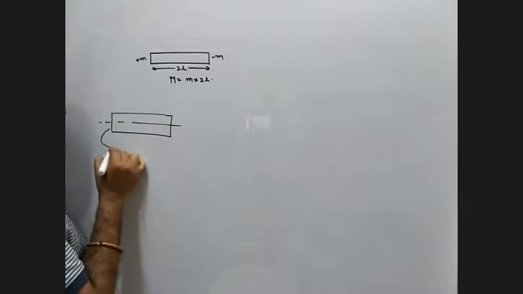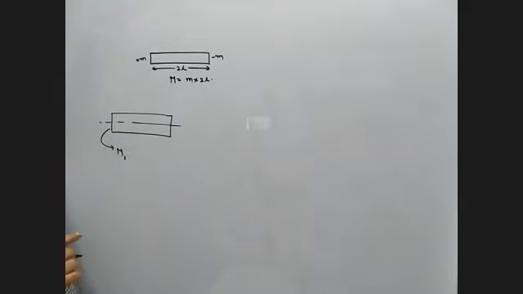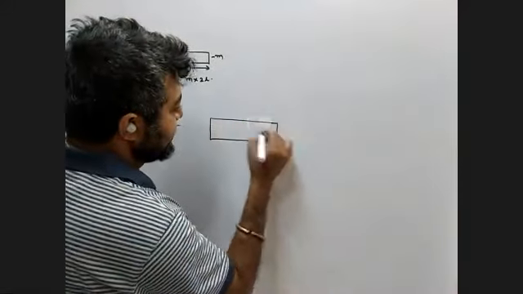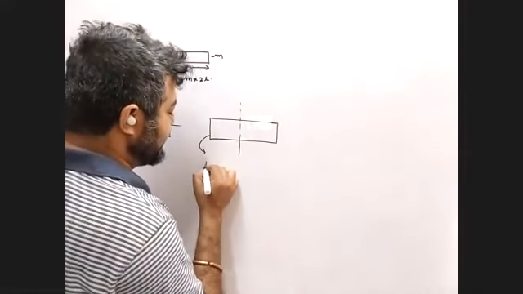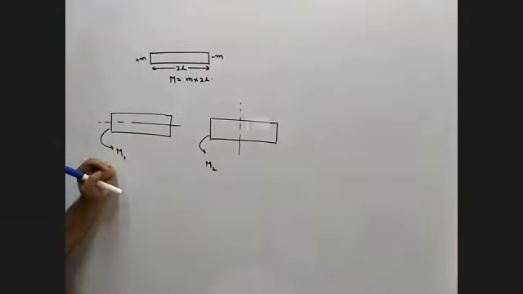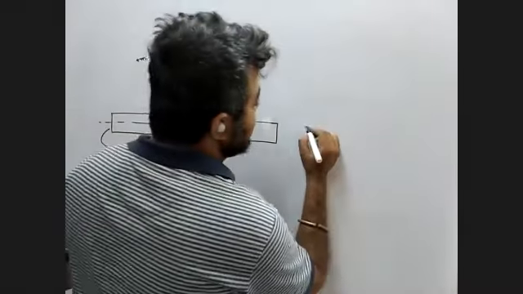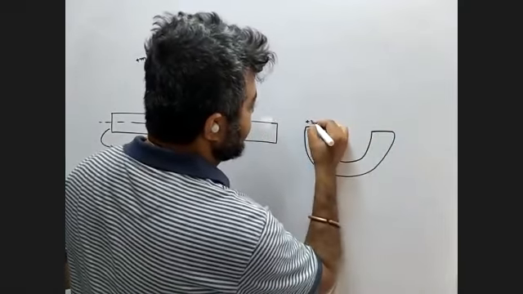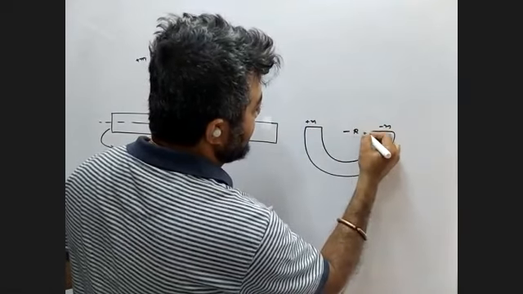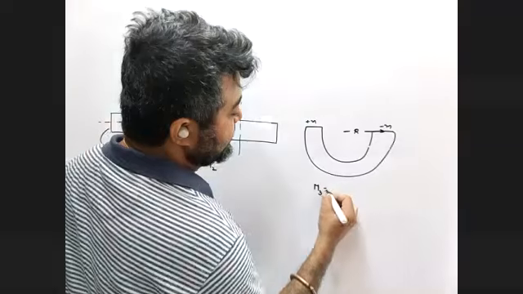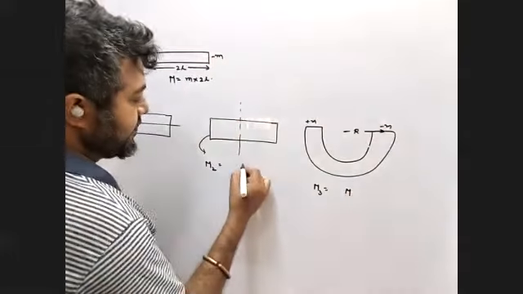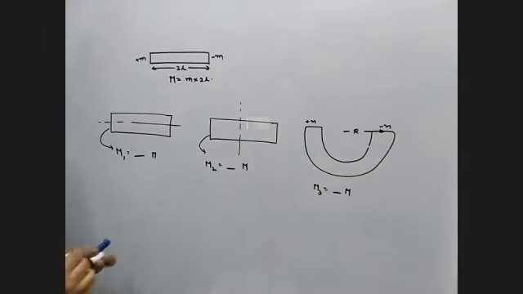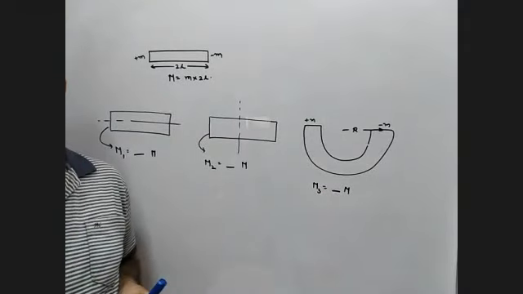Question number 1: find the magnetic moment of each in terms of capital M. Number 2: we section it vertically; find the magnetic moment of each section in terms of capital M. And the third one: we make it U shape, meaning semicircular shape. Find the magnetic moment in terms of M. Fill in the blanks. What are the values for 1, 2, and 3?